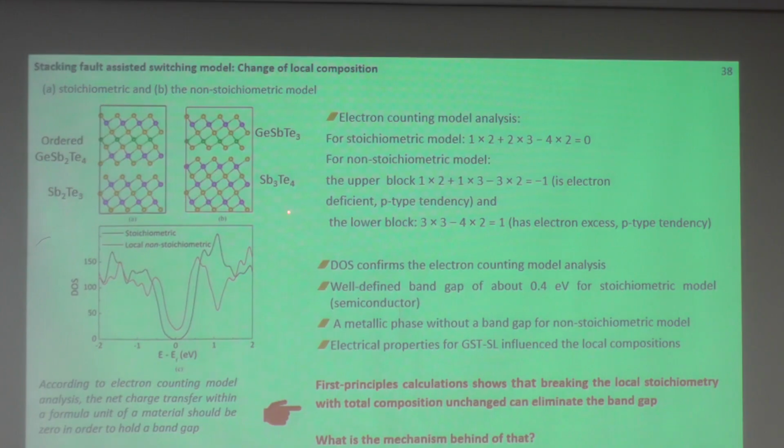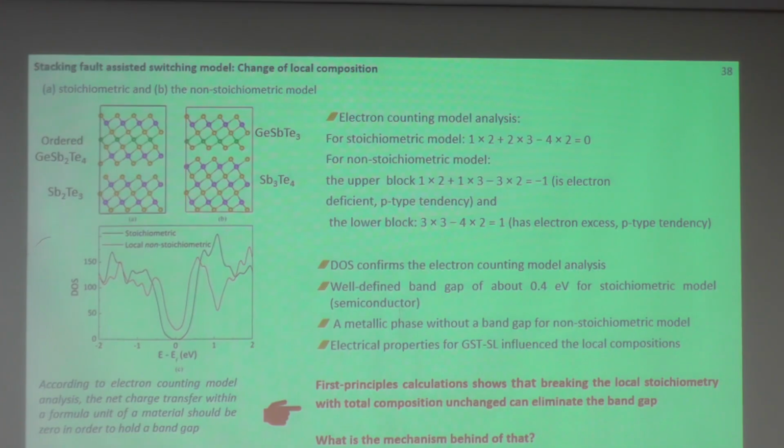So it is electron deficient; this is a p-type tendency. And for the lower block we obtain 1. This is also a p-type tendency. It also shows that there are differences in the electronic structure between the two states, but it's based on the local structure change in this system.